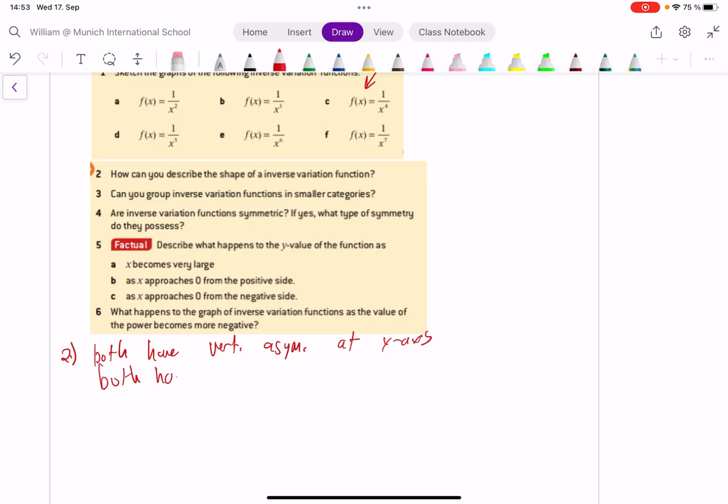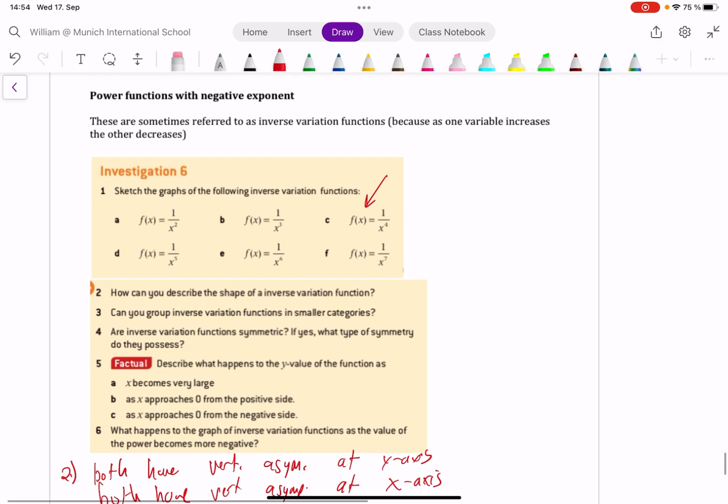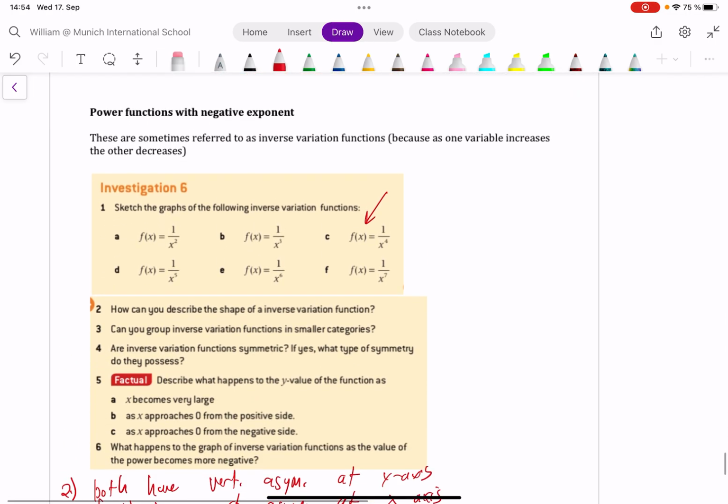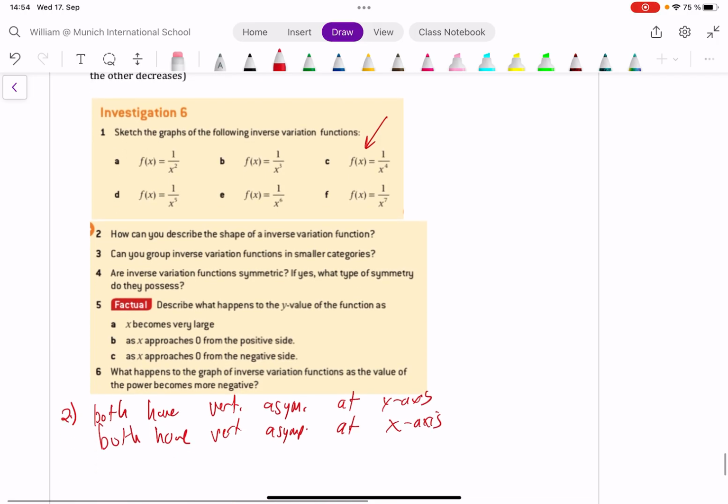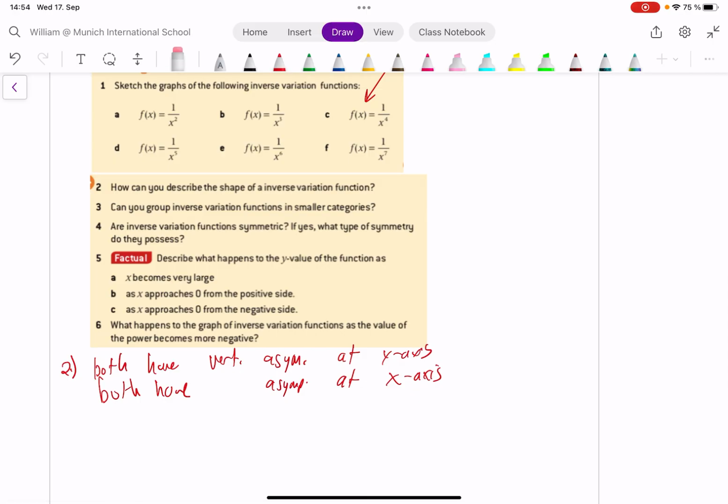Both have vertical at the y-axis and horizontal asymptotes at the x-axis. Right, they're looking something like this.